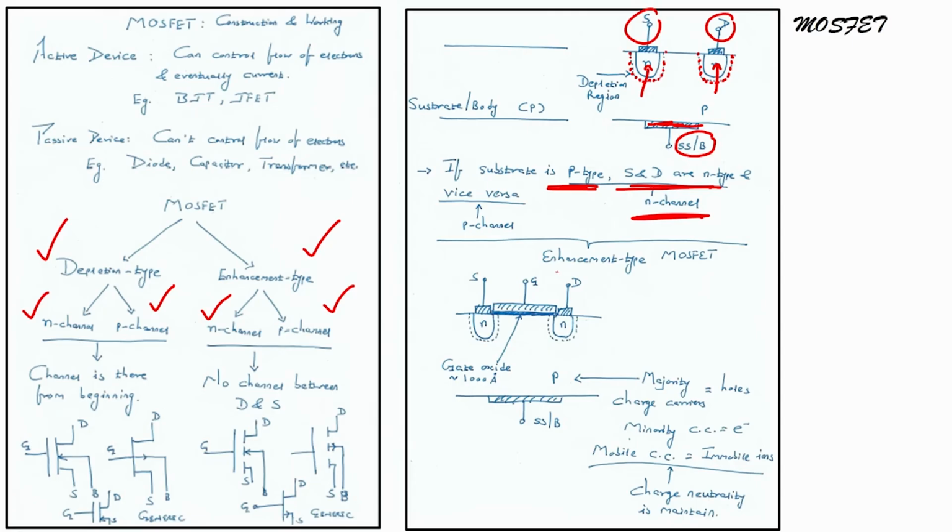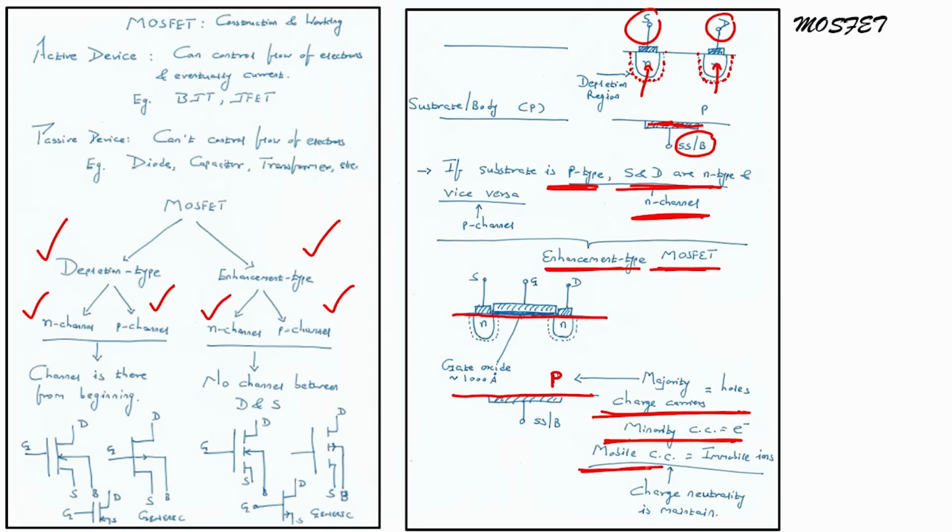Now, if we talk about the enhancement type MOSFET, let us see how it looks. What we see here is the substrate. The substrate is p type, that means the majority carriers are holes and the minority carriers are electrons.